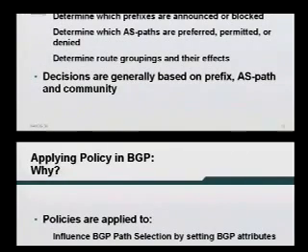In other words, what you're going to send to your neighboring ISP, what you're going to hear from your neighboring ISP, and so forth. You can also use policies to try and determine which AS paths are preferred or permitted or denied within BGP, and also to determine route groupings and the effects that those particular route groupings are going to have. So that's basically how a lot of the connectivity will work in the internet.